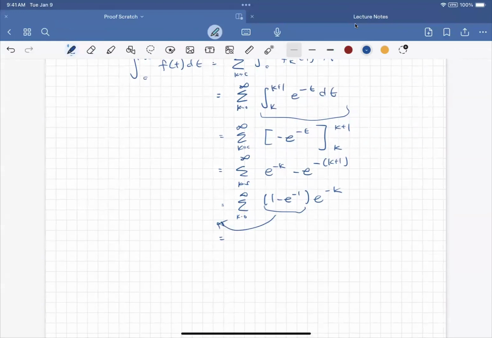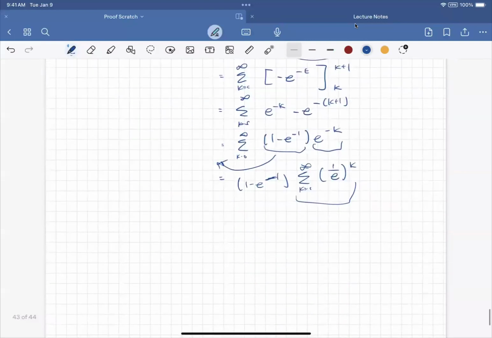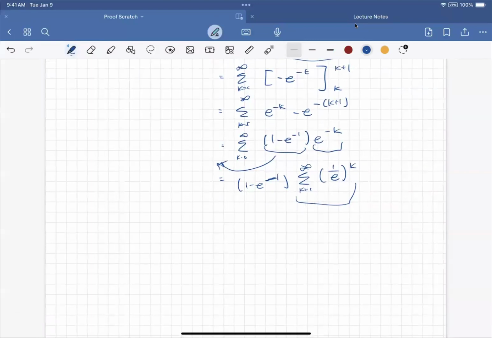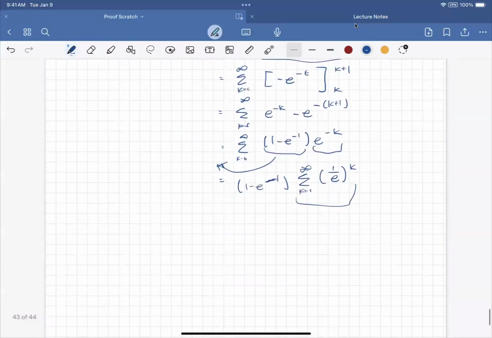It's going to be 1 minus e to the negative 1 times the sum from k equals 0 to infinity. We can also rewrite this more simply as 1 over e to the k. We know this converges based on the work we've done up here, and it converges specifically as a geometric series.